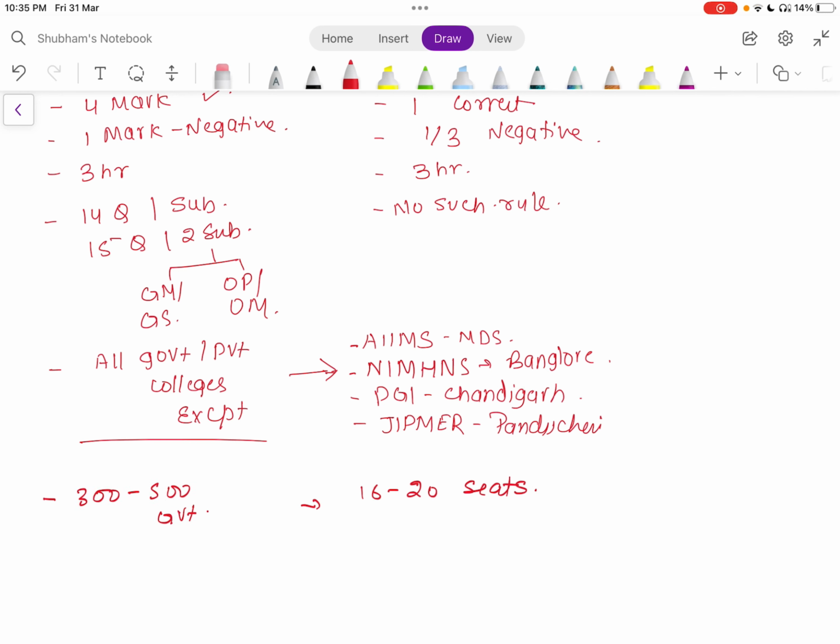And if you go for private, even someone with a rank of 10,000 can get a management private seat. But in INICET, there is no management seat. So these are the basic differences between NEET MDS and INICET.